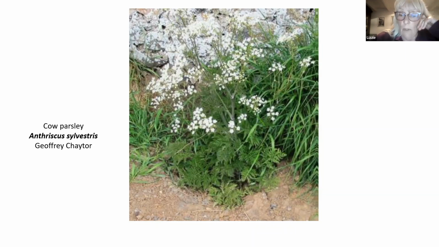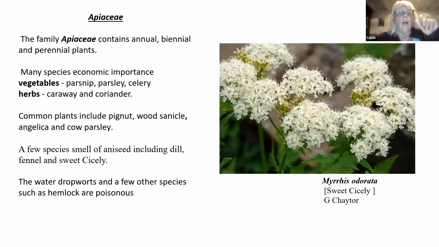Now, this family is quite big as well and has quite a lot of variation in the species. Some of the species are things like carrot, which are obviously vegetables, and of economic importance, parsnip, celery. There's herbs like caraway and coriander.